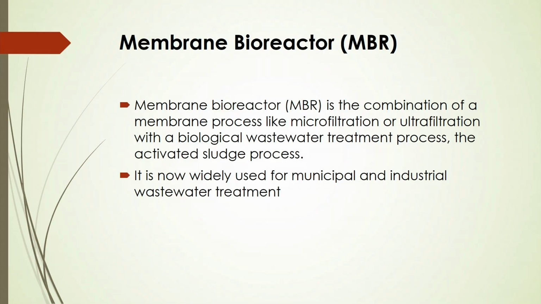Now, another aspect of membranes is the membrane bioreactor. In this case it is generally a combination of membrane processes like microfiltration or ultrafiltration with a biological wastewater treatment process, and also the activated sludge process. It is widely used for municipal and industrial wastewater treatment.